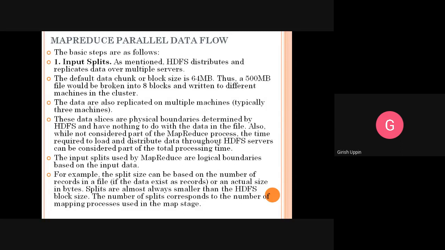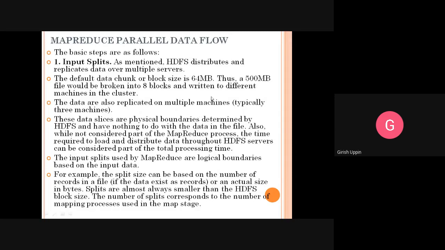Suppose you want to store a file in the HDFS file system: it will be broken into different blocks, the blocks are stored on different nodes, and there will also be duplicate copies of those blocks. By default, the number of copies is 3. That is how HDFS works.